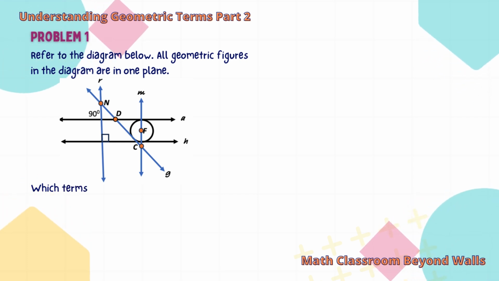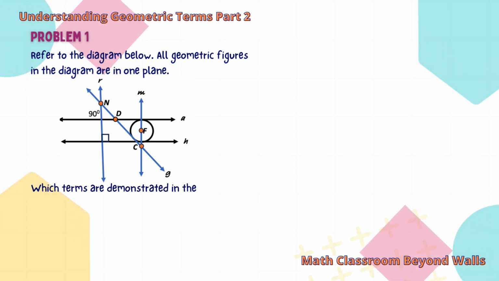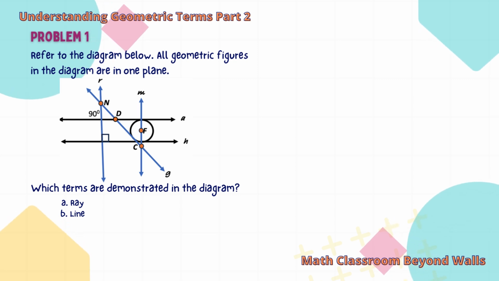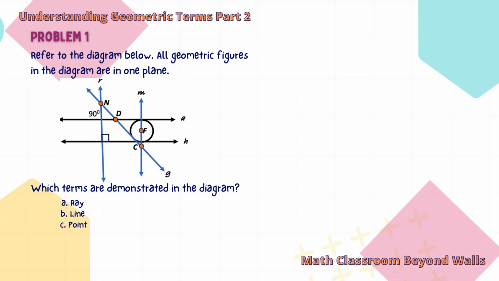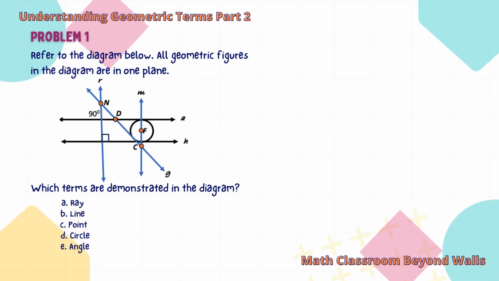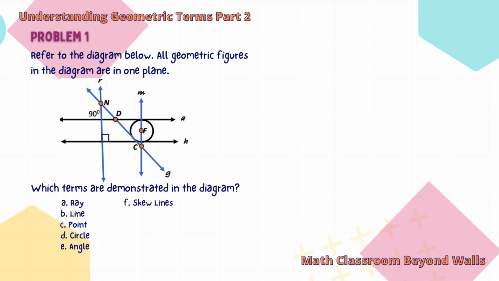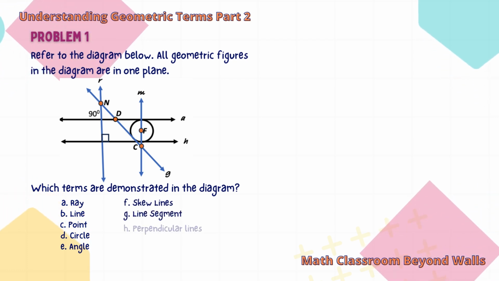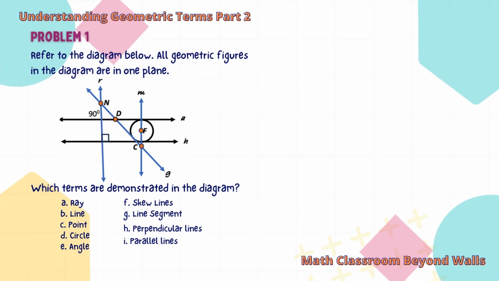Which terms are demonstrated in the diagram? A. Ray. B. Line. C. Point. D. Circle. E. Angle. F. Skew lines. G. Line segment. H. Perpendicular lines. I. Parallel lines.